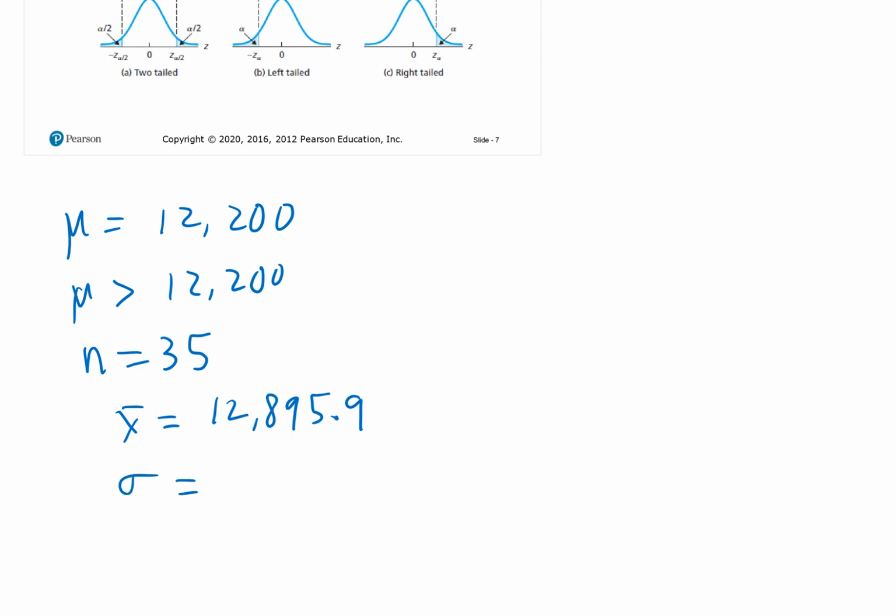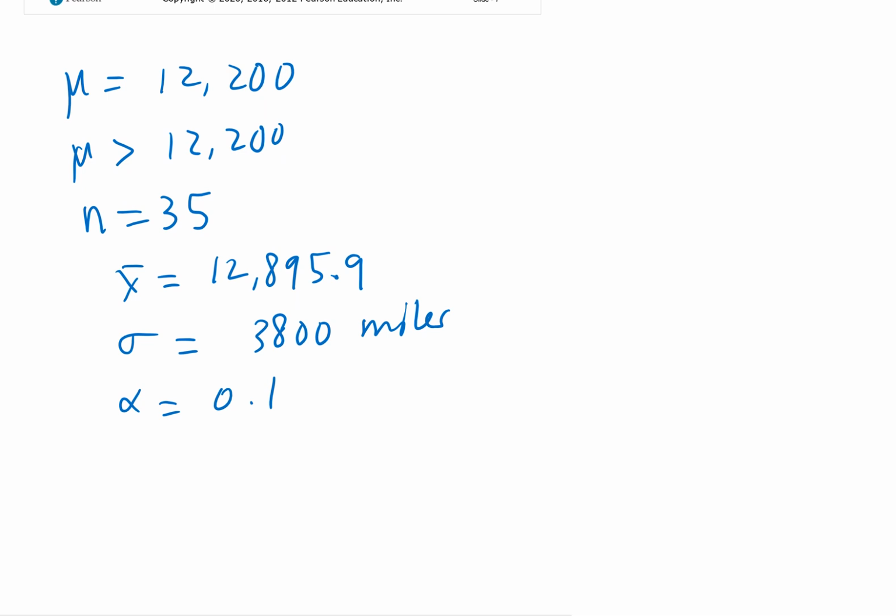Assume the standard deviation is 3,800 miles. And Patricia wants to test the claim at the level of significance alpha 0.1. So let's see if she's going to reject the null hypothesis or not.